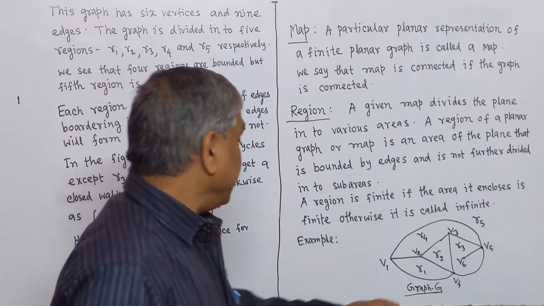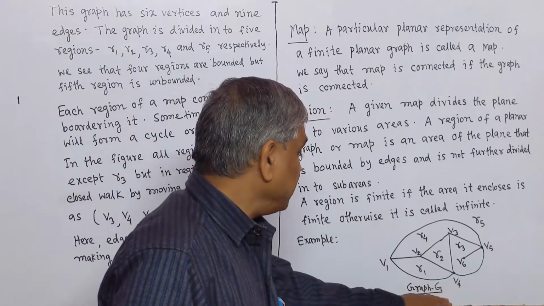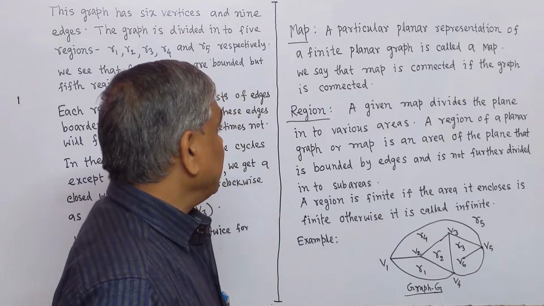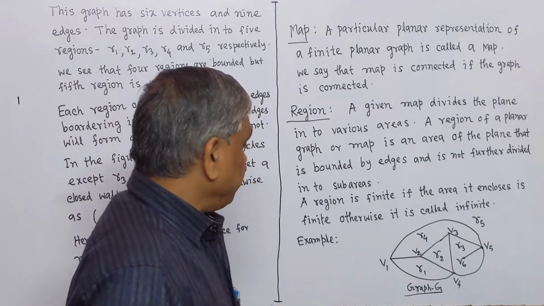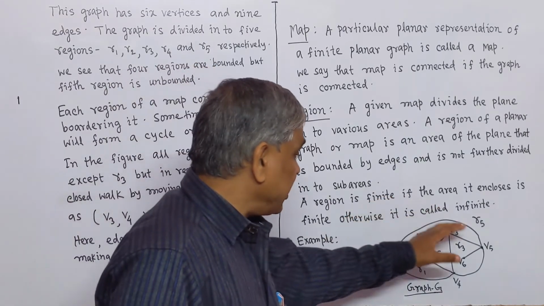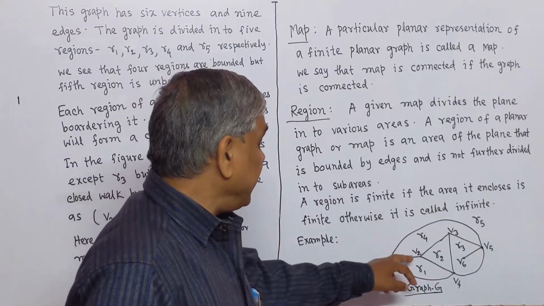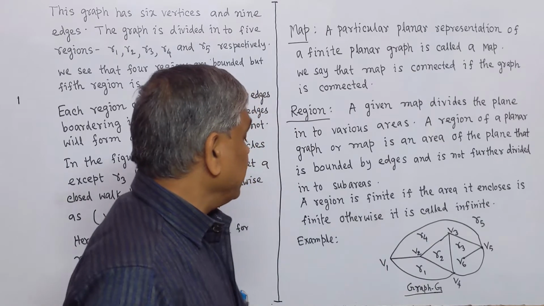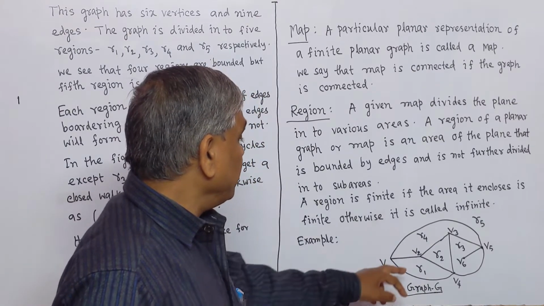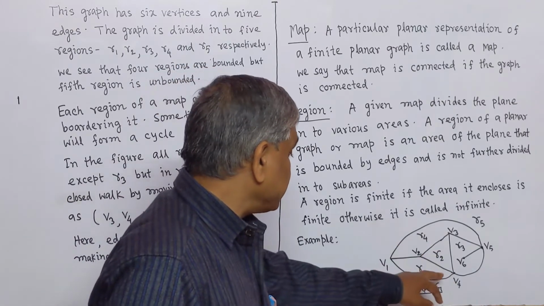For example, here we have graph G. This is a planar graph. The planar representation of this graph is called a map. Here we see that the map is divided into various areas.